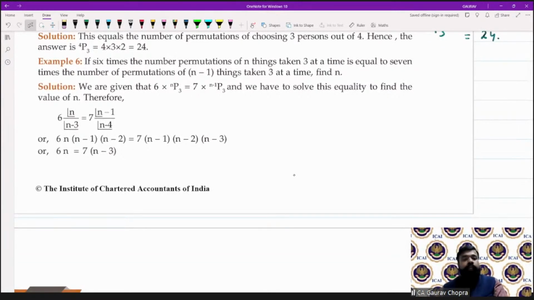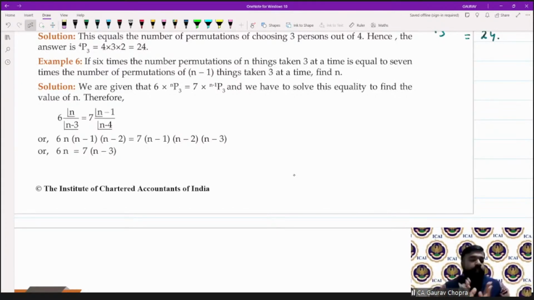Now the sixth one, example number 6. If 6 times the number of permutations of n things taken 3 at a time is equal to 7 times the number of permutations of n minus 1 things taken 3 at a time, then find the value of n. So this is a word problem.